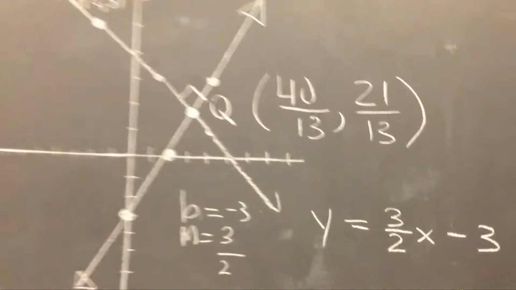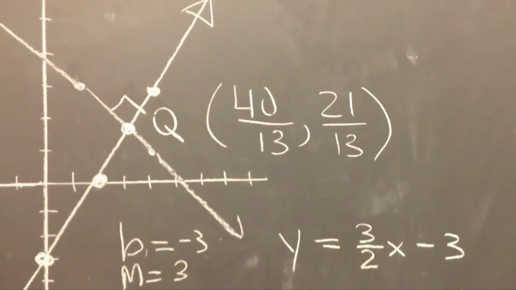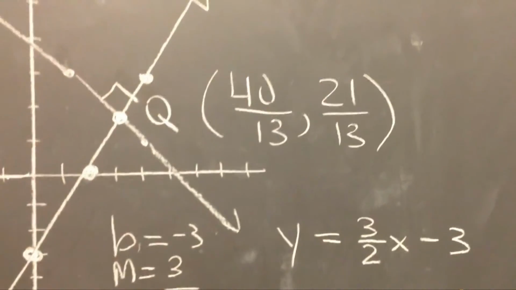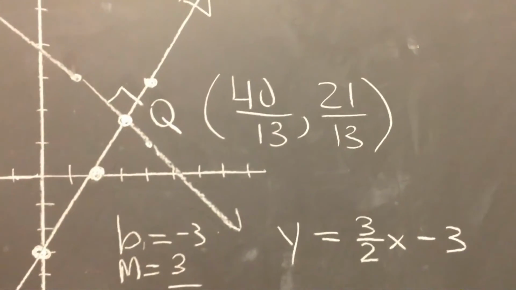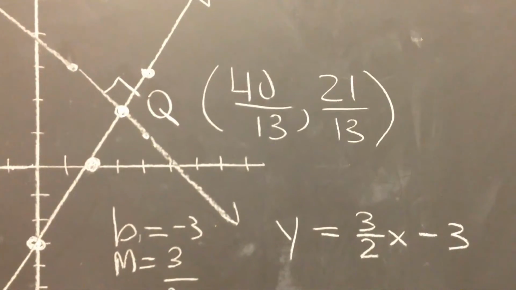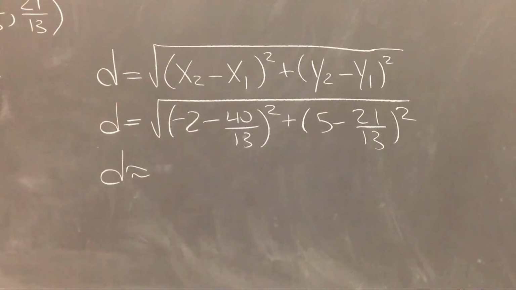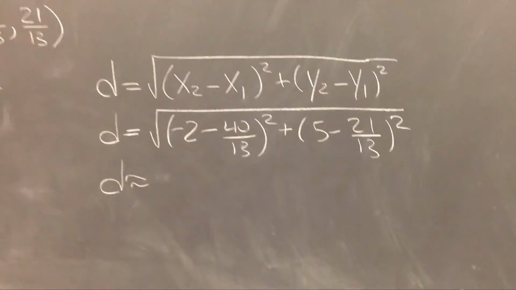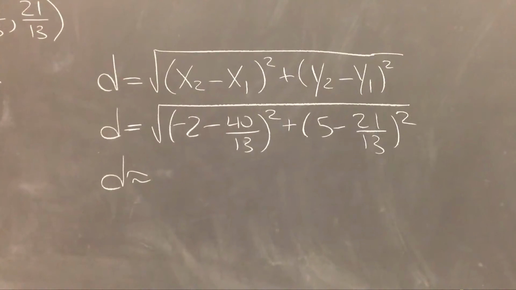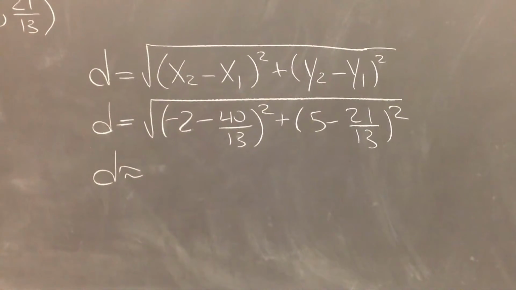And now I know where point Q is located. Point Q is located at the ordered pair 40/13, 21/13. Now there's only one step left, and that's to actually calculate the distance. Okay, I have the distance formula. D is the square root of x2 minus x1 squared plus y2 minus y1 squared.